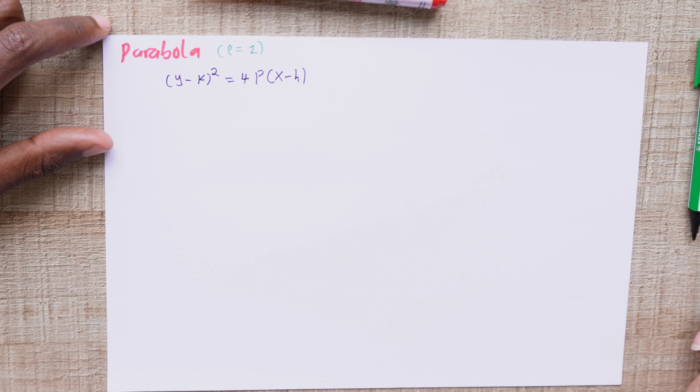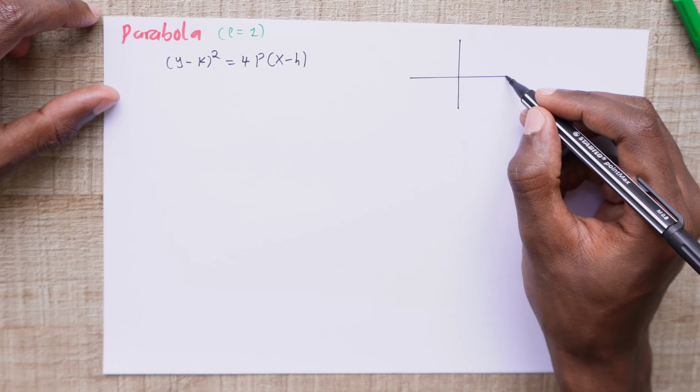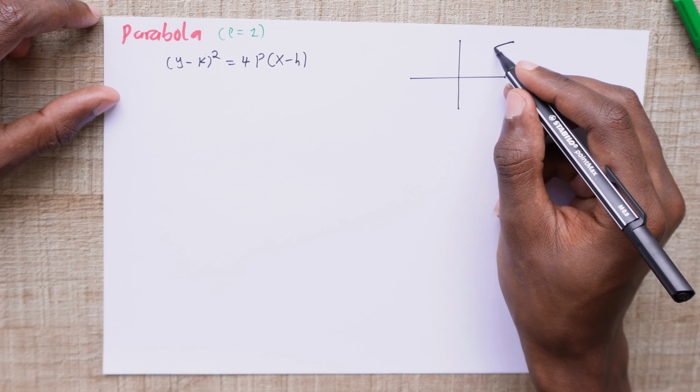I'm going to illustrate that. So let's say we have a parabola like this, that has its vertex at 0, 0.